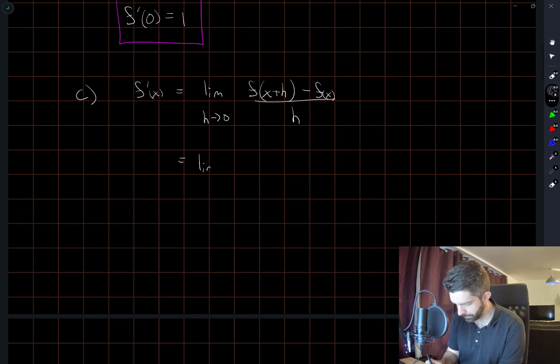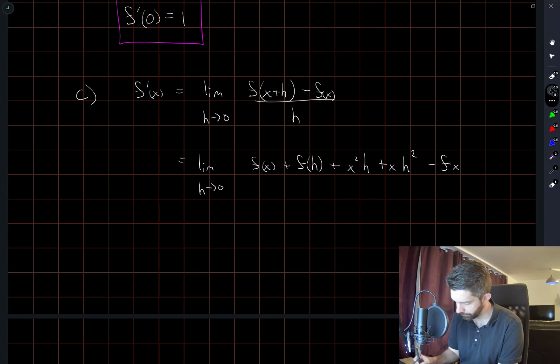So I have a limit as h goes to 0 of f of x plus f of h plus x squared h plus x h squared minus f of x, all divided by h.